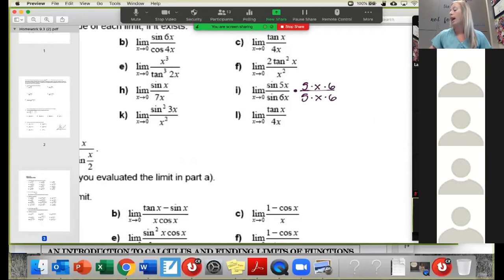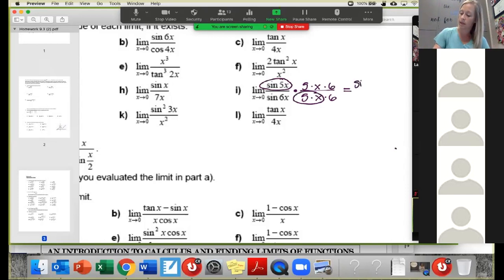Now, how are you supposed to know what to do with that? Again, I'm showing you what's happening here so that you don't have to do this every time. So I'm going to manipulate this around. I am going to take this sine of 5x and put it over this 5x because everything's multiplied together.